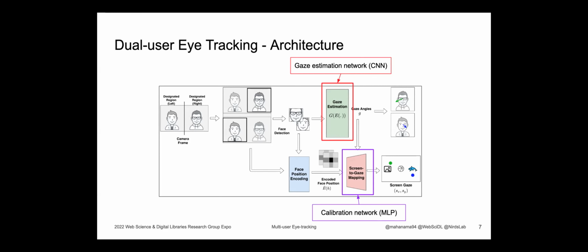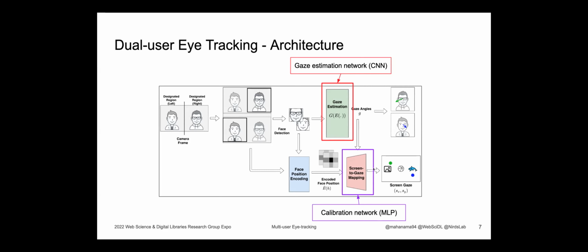In this setup, for the gaze estimation, we used a simple convolutional neural network, and we trained it with roughly 1 million images with labels of the gaze angles in terms of yaw and pitch.